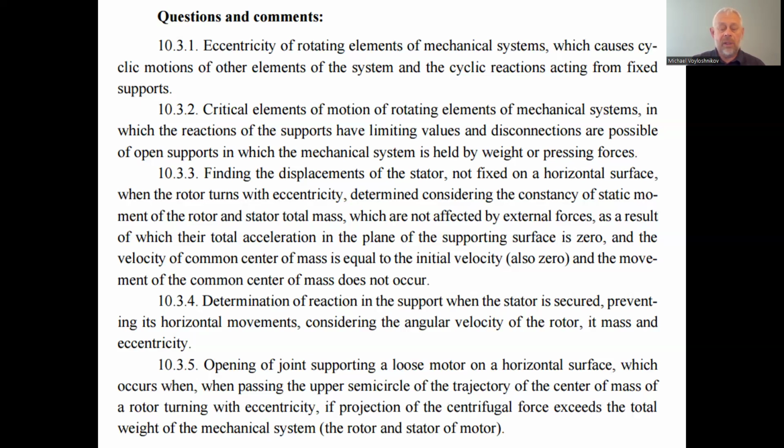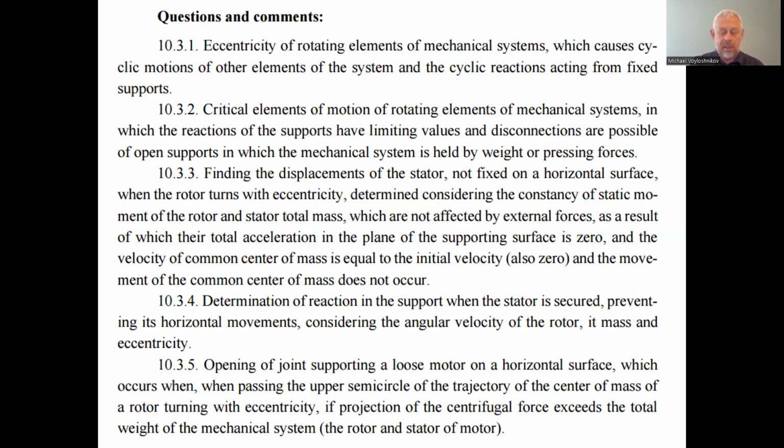10.3.4 Determination of the reaction of the support when the stator is secured, preventing horizontal movements, considering the angular velocity of the rotor, its mass and the eccentricity. If the support is secured, then this means that we have external forces acting on the mechanical system.